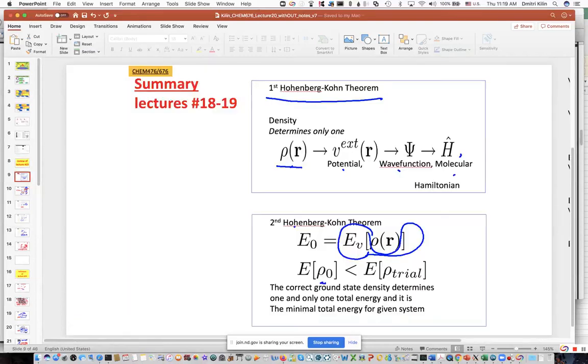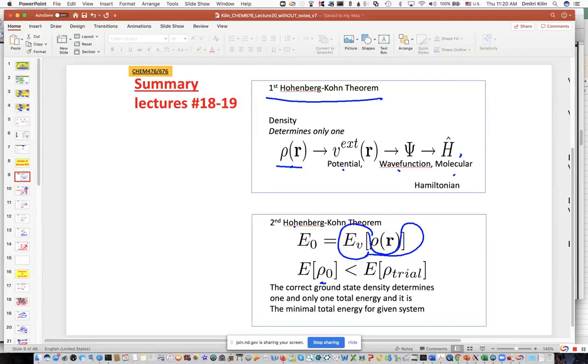So we are doing density functional theory because we want to model materials and their properties. There are two theorems. One is that density determines only one potential, only one wave function, only one molecular Hamiltonian.